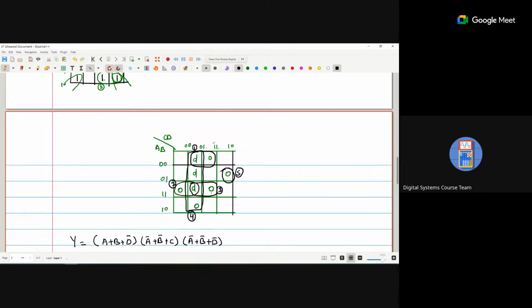For the fourth group, C plus D bar. And for the fifth group, A plus B bar plus C bar. So this is the POS.